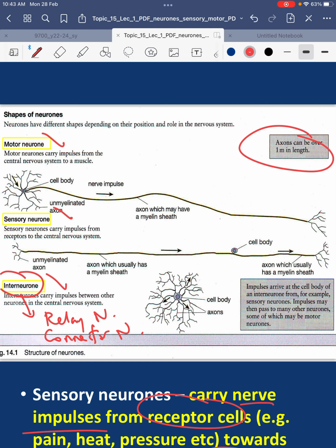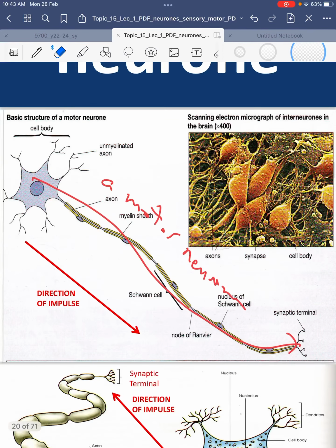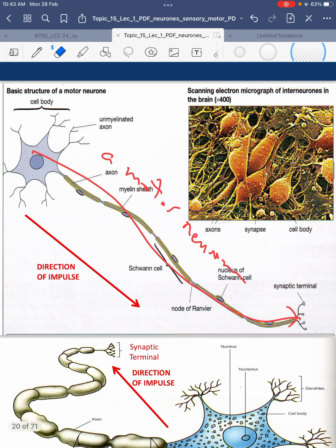It says it can be, so it's not always 1 meter long. Sometimes it can be very, very short. So learn the features, very, very important. Of course, in the exam, questions can be presented to you in terms of labeling and so on.